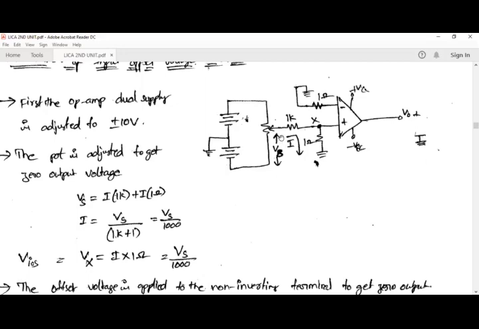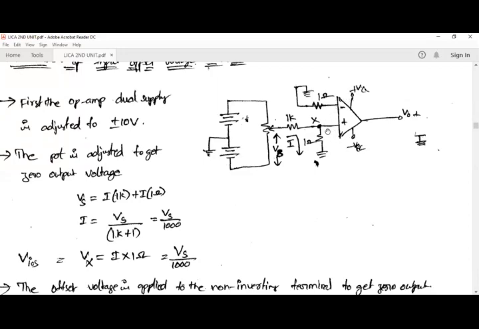For that we have to obtain this Vs, which will be obtained using this formula. Vs, that is the voltage drop across this potentiometer, is equal to I, the current flowing through the two resistors, 1 kilo ohm as well as 1 ohm. The current flowing through these two resistors is equal to I, because as we know the op amp does not draw any current.